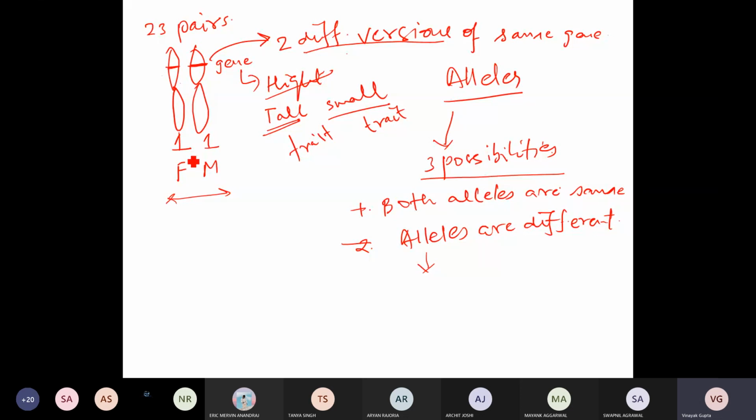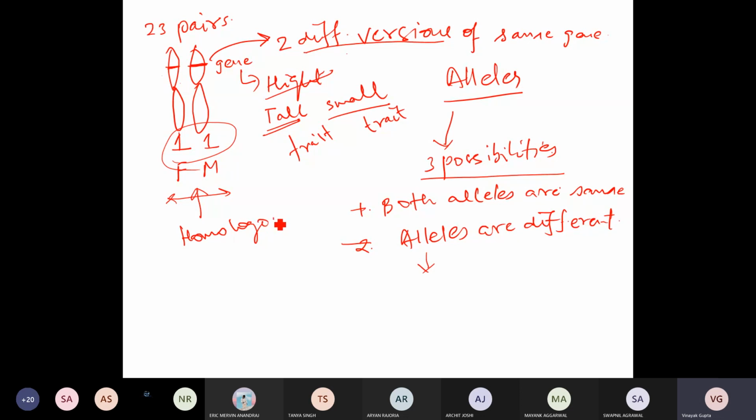So first of all, there is a specific term which is used here, these chromosomes, like the first chromosome from the father and the first chromosome from the mother. This kind of pair, when we have, these are called homologous chromosomes.